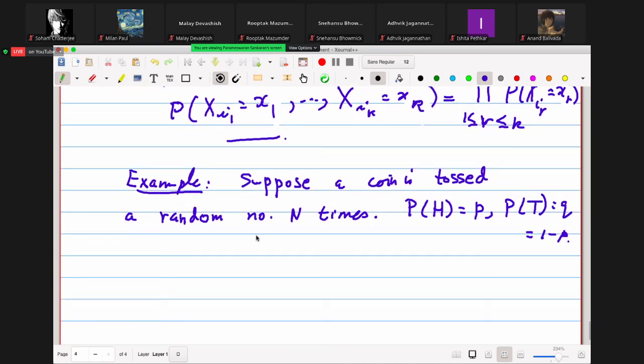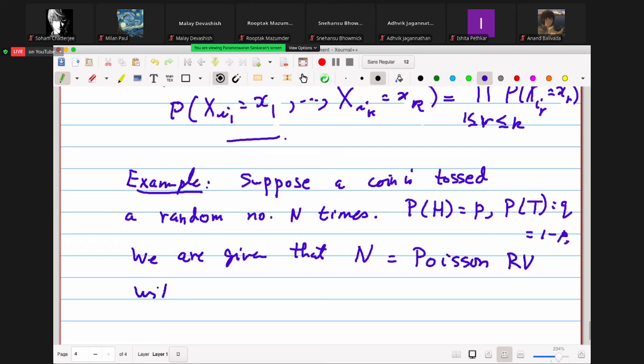What about the distribution of N, given that N is a Poisson random variable with parameter lambda?